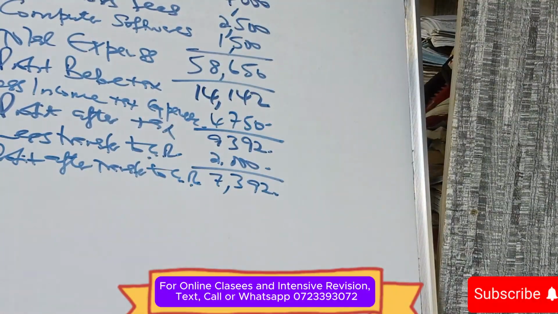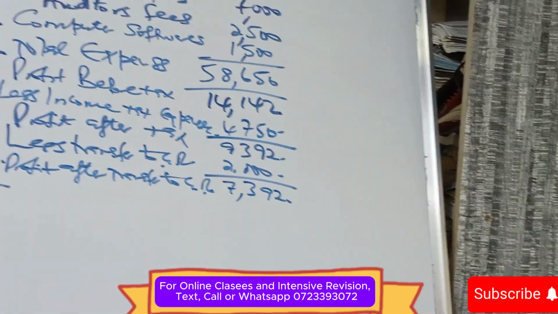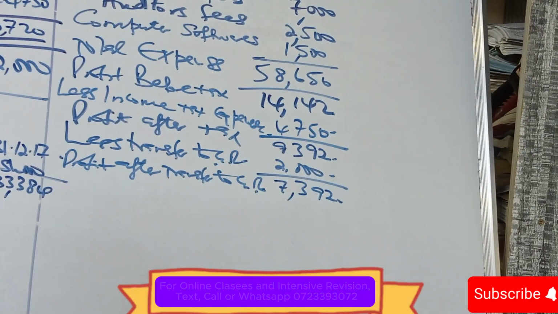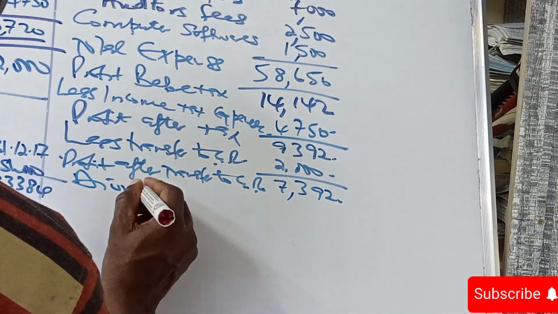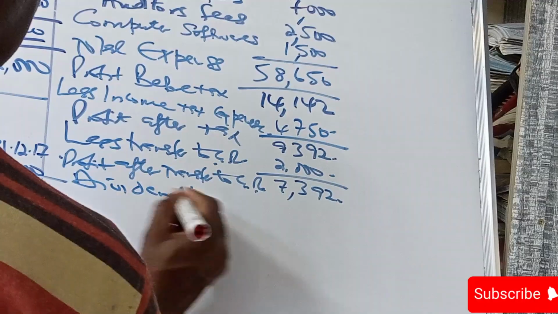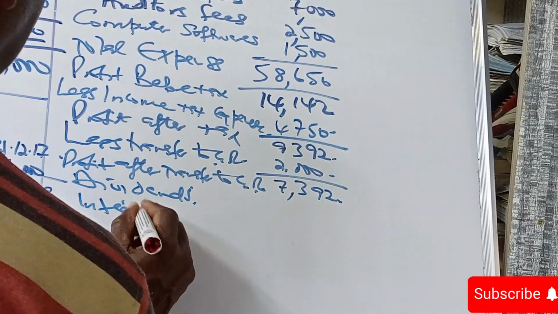There is a profit now which we can distribute as dividends to ordinary shares and preference shares. So we say dividends, and we start with interim.